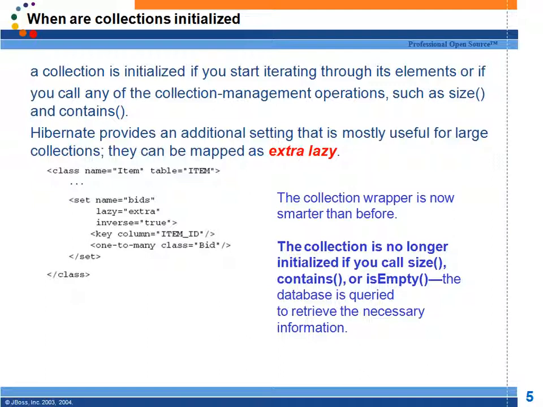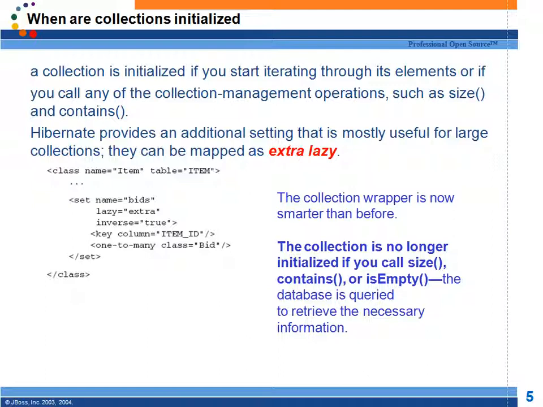See, whenever I get a proxy, if I get an item dot get bids, I'll get a set, right? If I say set dot size, I want only the length of this collection.